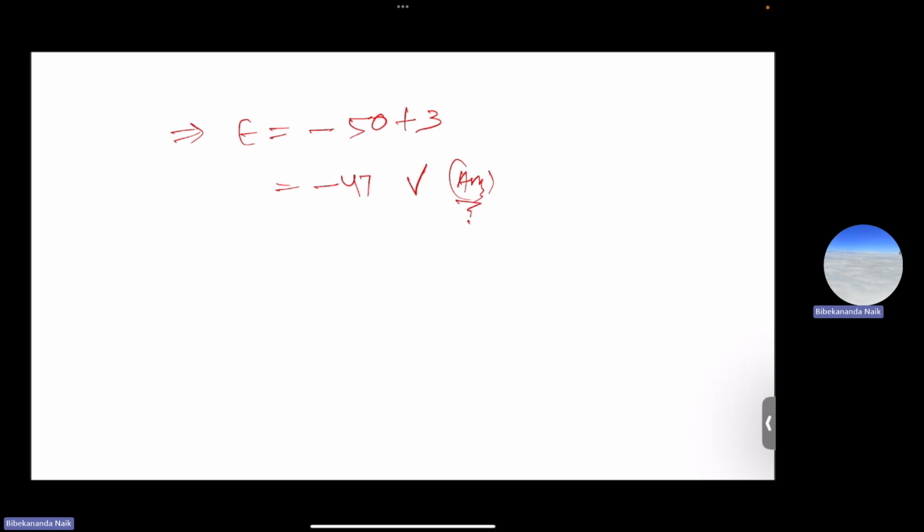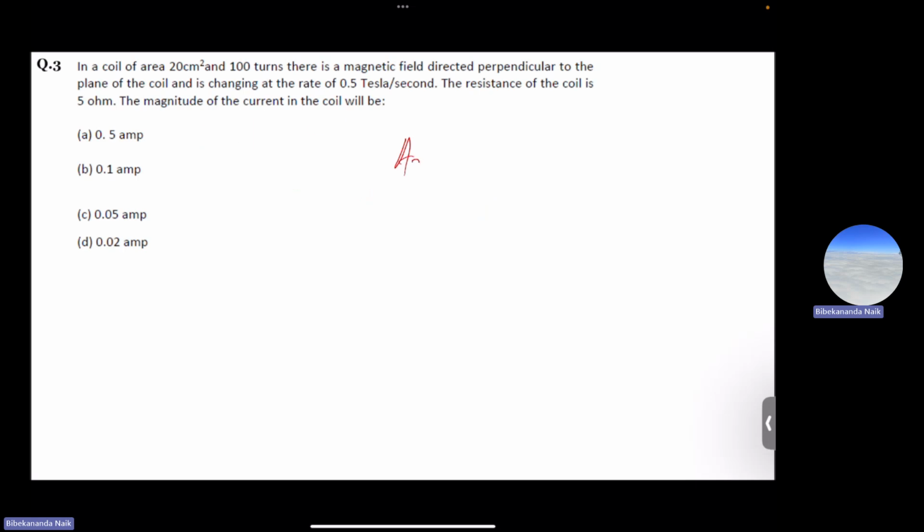So there is a coil of area 20 centimeter square and number of turns N is 100, and there is a magnetic field directed perpendicular to the plane of the coil.